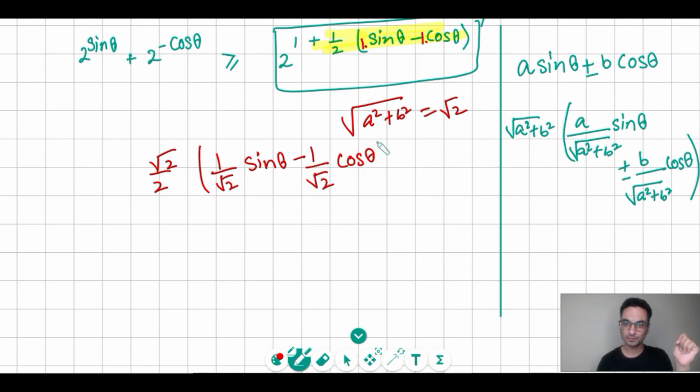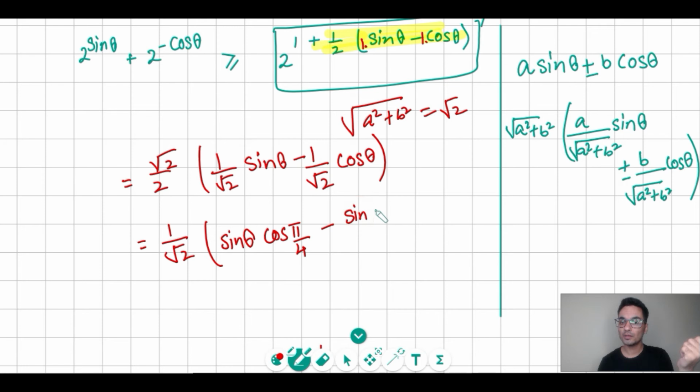cos theta, right? This can be written as 1 over square root 2, and 1 over square root 2 is the value of cos 45 as well as sine 45. So that means I can write my expression as sine theta times cos 45 or cos pi over 4 minus sine pi over 4 times cos theta.